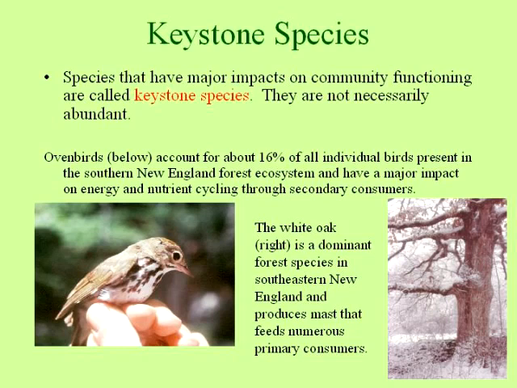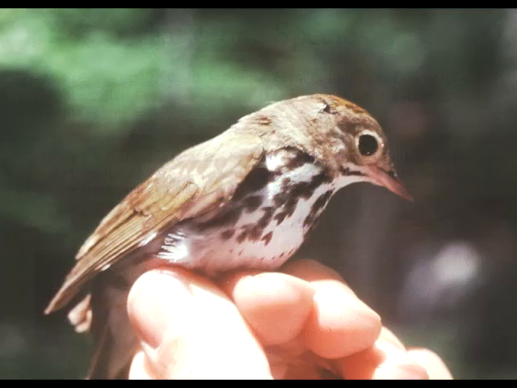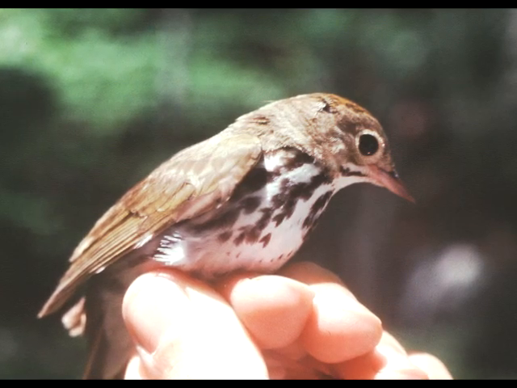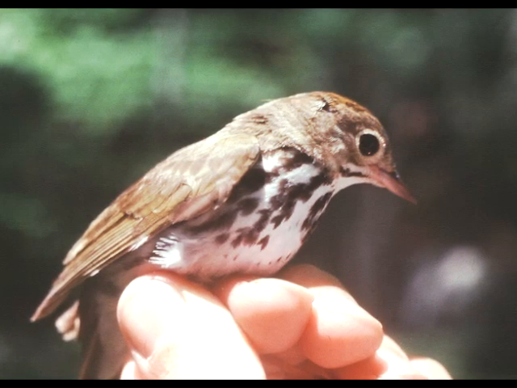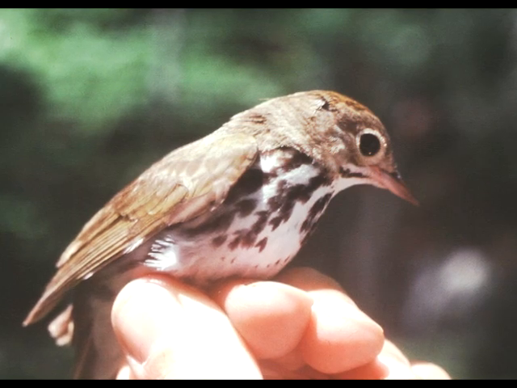We can certainly think of instances where particular species do have a major impact. I picked out a few that many ecologists might not pick out because of my own personal perspective here. So I pick out the ovenbird, which in northeastern parts of North America is the most abundant bird in the forest.